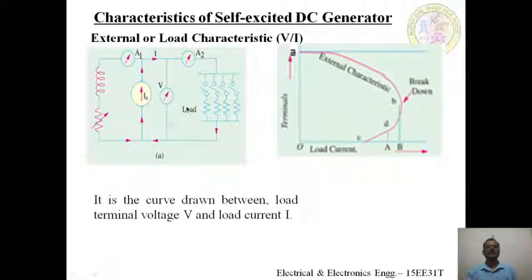Figure A indicates the circuit diagram. This diagram is the characteristic curve. As shown in the figure, ammeter A1 measures the field current, A2 measures the load current, and V measures the load terminal voltage. With the help of the field rheostat, the field current can be varied.